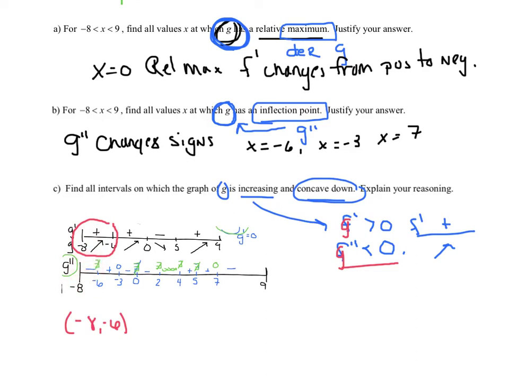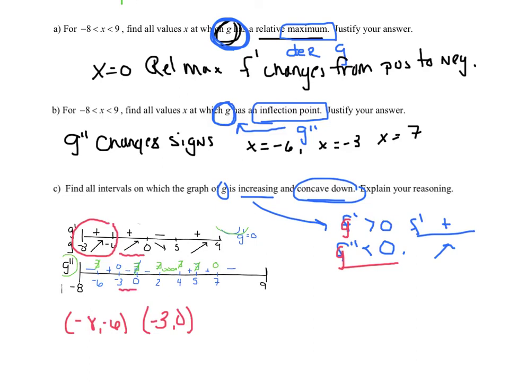So let's find another section. Between negative 6 to 0, G prime is positive, and from negative 6 to negative 3, G double prime is positive. I need it to be negative, so I would say in this section, from negative 3 to 0, they overlap. From negative 3 to 0 is in here, where G prime is positive, and G double prime is negative.